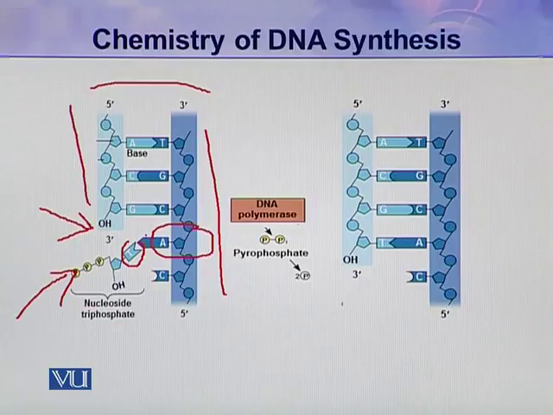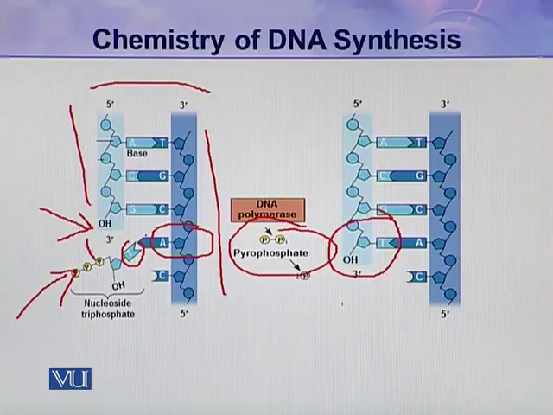This hydroxyl attacks this phosphate, and after the attack you can see the pyrophosphate is released, and a new nucleoside triphosphate, which you can now call a nucleotide, is added to the primer side.